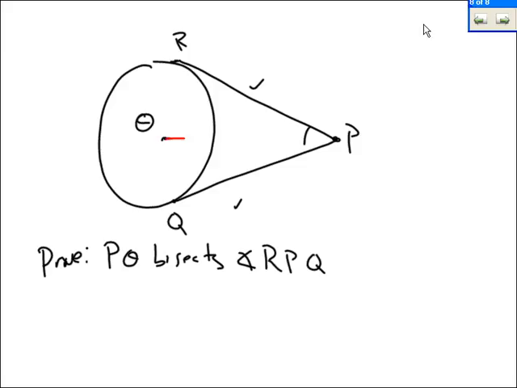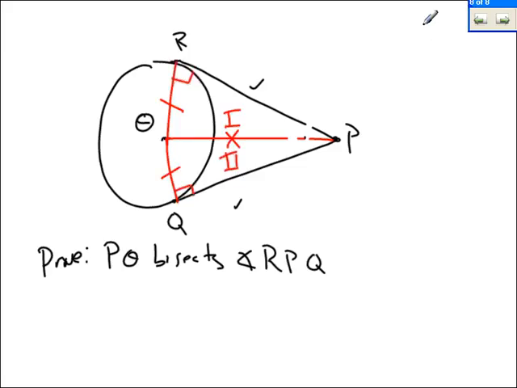You want to prove that PO bisects it. Okay. Well, we kind of just did this problem. You remember I drew this and that, and I showed that triangle 1 and triangle 2 were congruent? Well, this angle and that angle are corresponding parts, and as a result, they're going to be congruent. Okay, so we have a right angle here and a right angle here. OR and OQ are equal to one another.